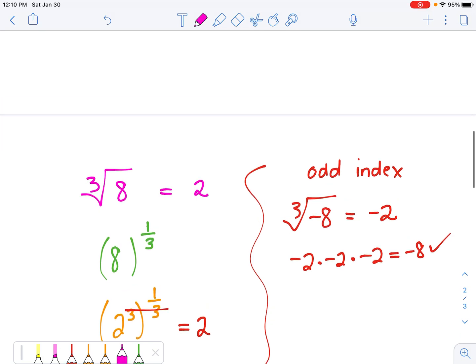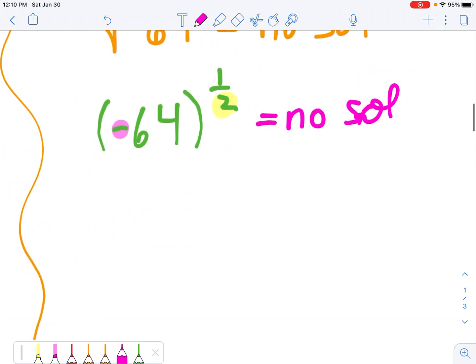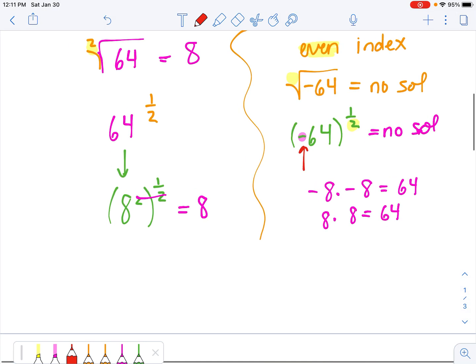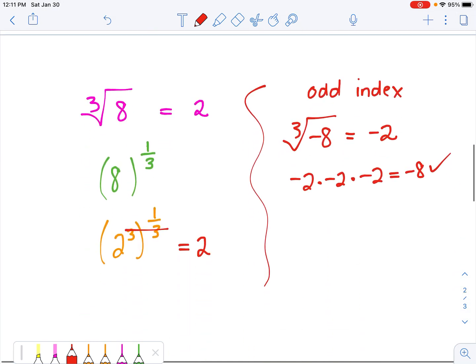The reason it didn't work above is if I have something being multiplied by itself, 2 negatives being multiplied together gives a positive, or 2 positives multiplied together gives us a positive. There is no way for us to multiply by itself and end up with a negative. However, when you have an odd index, a negative underneath the radical is okay.